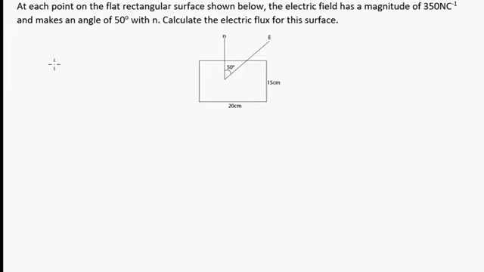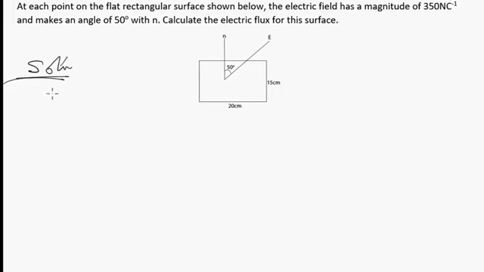The question says, at each point on the rectangular surface shown below, the electric field has a magnitude of 350 newtons per coulomb and makes an angle of 50 degrees with n. Then calculate the electric flux for this surface. So we are going to have our solution here.